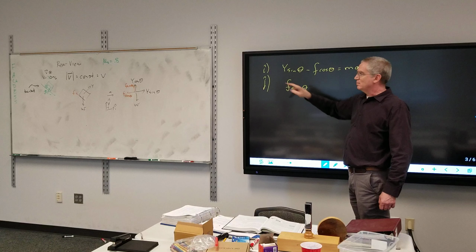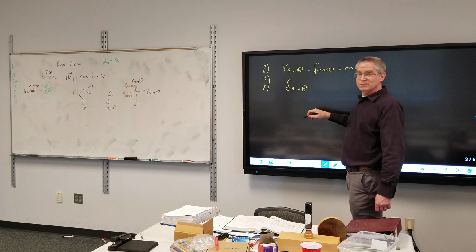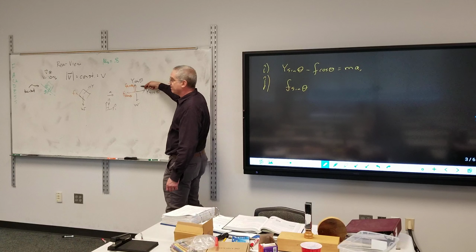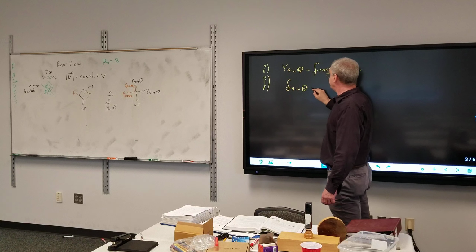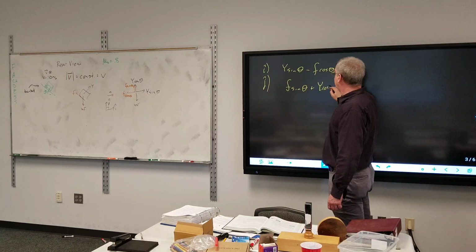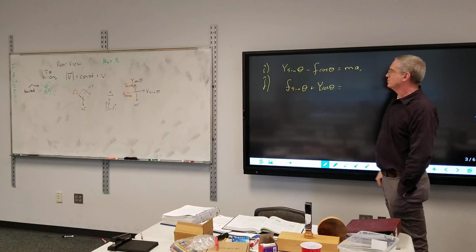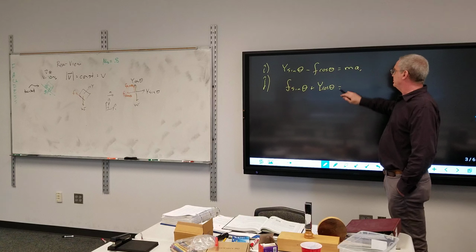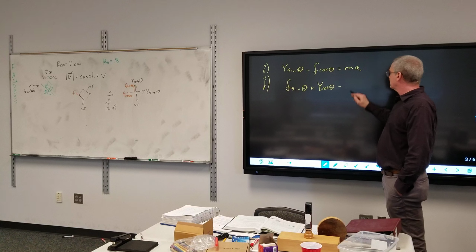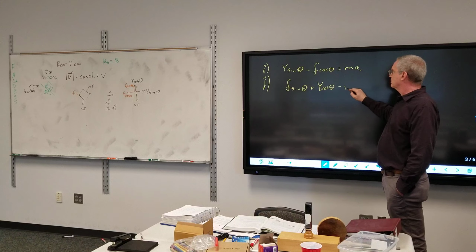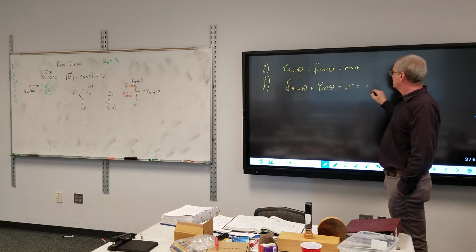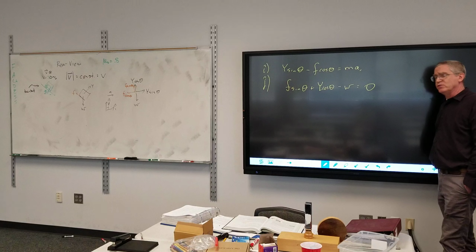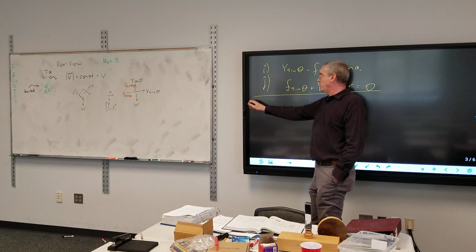Or is it plus cosine? They're in the same direction. So plus, minus weight, equals 0. All right. Two equations, two unknowns, just like before.